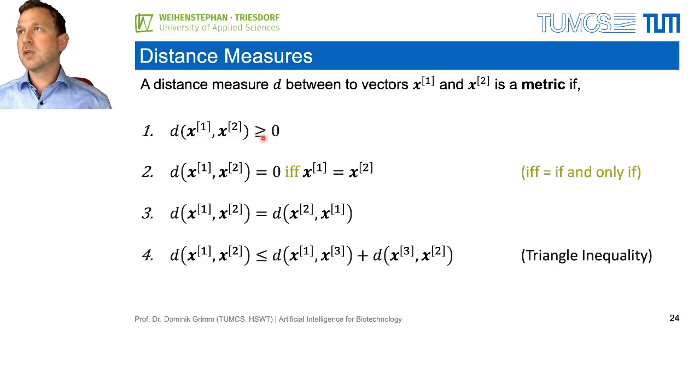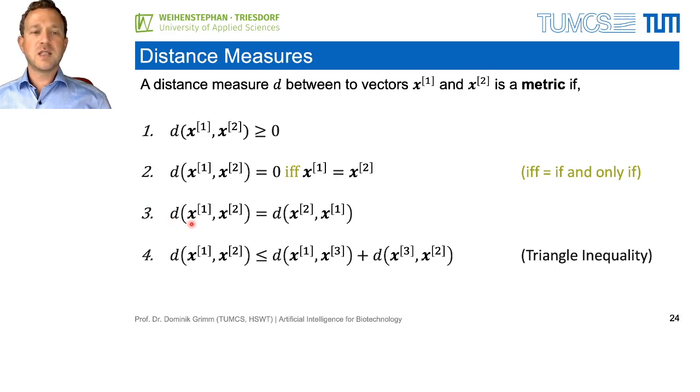A distance can't be smaller than 0. Then the distance between my point x1 and x2 is equal to 0 if and only if x1 is equal to x2. So if the two data points are the same, then the distance has to be 0. Also quite logical.